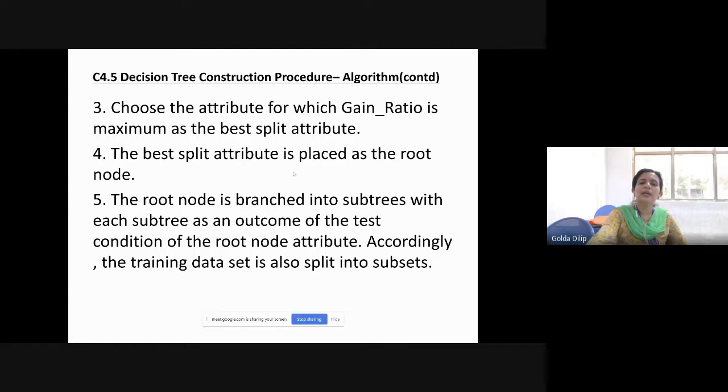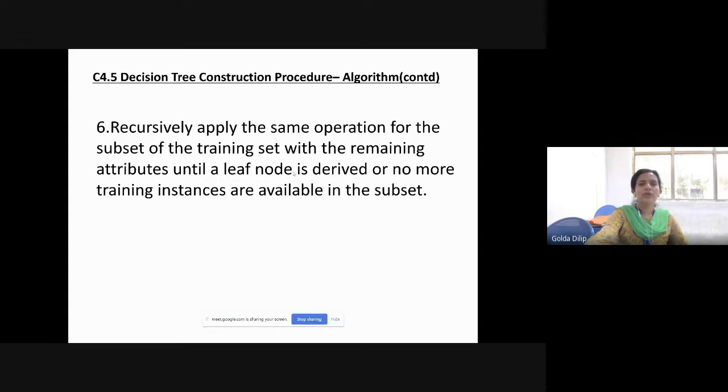Then the training data set, now as a subset, will be considered further in the second iteration and you proceed with it. You recursively apply the same operation until you reach a leaf node or no more training instances are available in the subset. Now, have you understood the difference between your ID3 and C4.5?